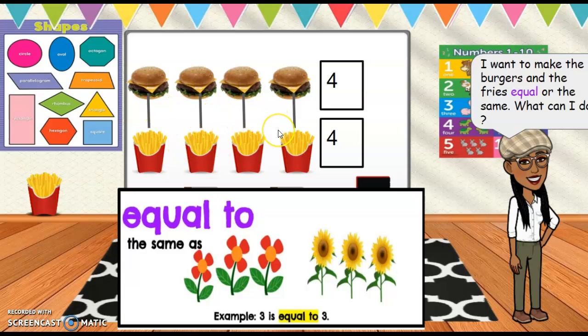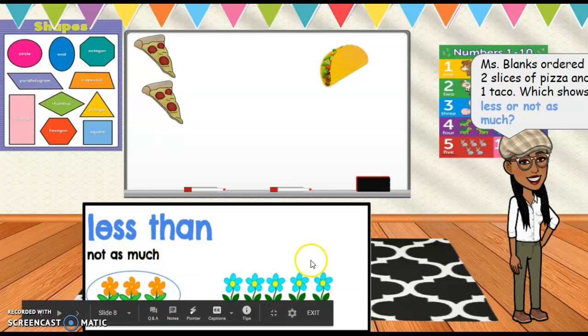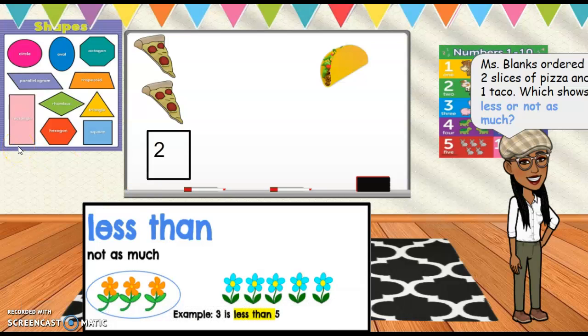They're the same. Now let's look at less than. It says Miss Blanks ordered 2 slices of pizza and 1 taco, which shows less or not as much. Less means not as much. If you look at the picture, you can see that they circled the set of objects that's not as much. If we look at our pizza, we have 2, and our taco, we have 1.